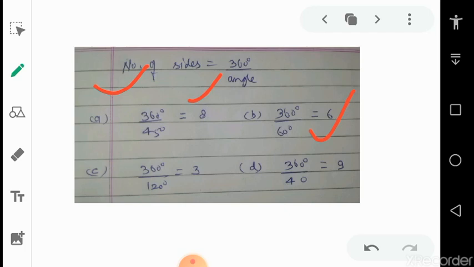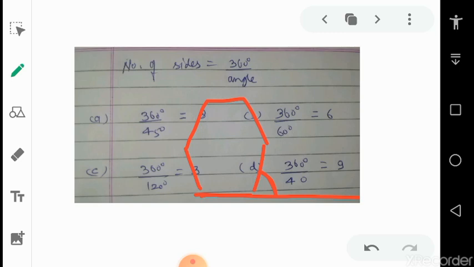So for your convenience I am drawing a hexagon here so that this question is clear to you. Here is a hexagon. Okay, let's draw it again so that it will be clearer. There are, alright, 6 sides. Exterior angle means if you extend a side, then with the adjacent side it makes an angle.